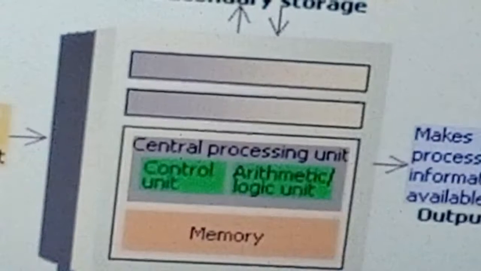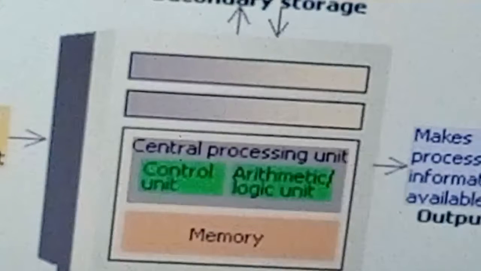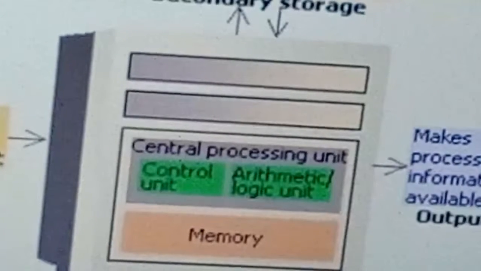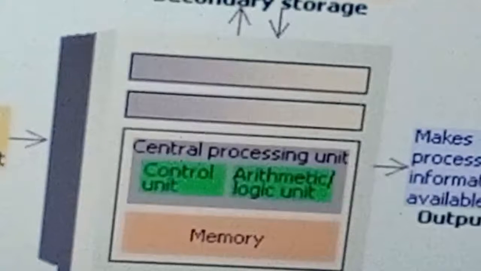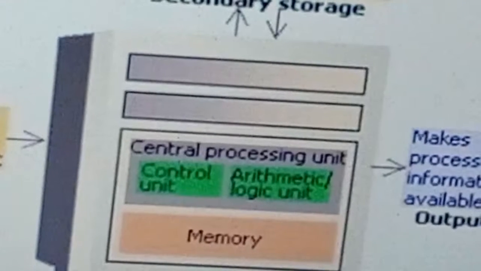Secondary memory refers to all external devices such as floppy disk, magnetic tapes, CDs, DVDs, etc. These are slower than primary memory, but can hold a substantial amount of data in the range of gigabytes and terabytes.